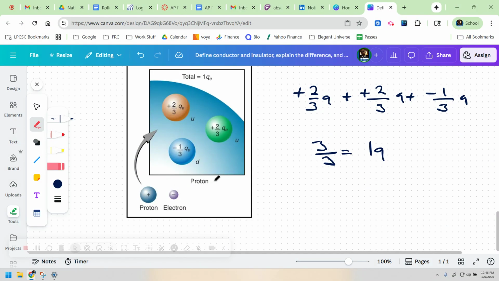Which is 1 QE. Or you could think of it as 1 QC, like we were saying before. So that's your charge of 1.